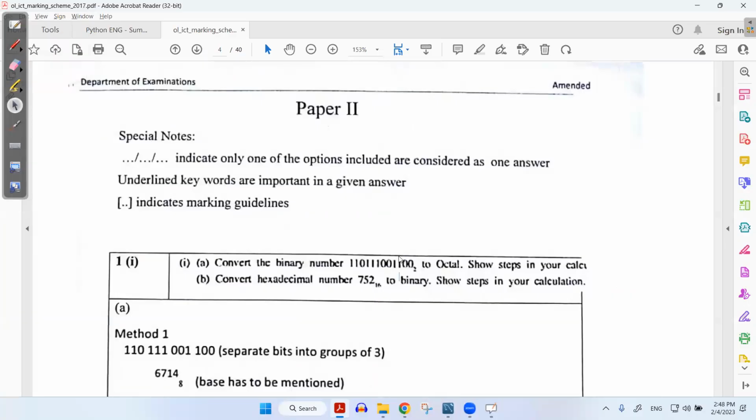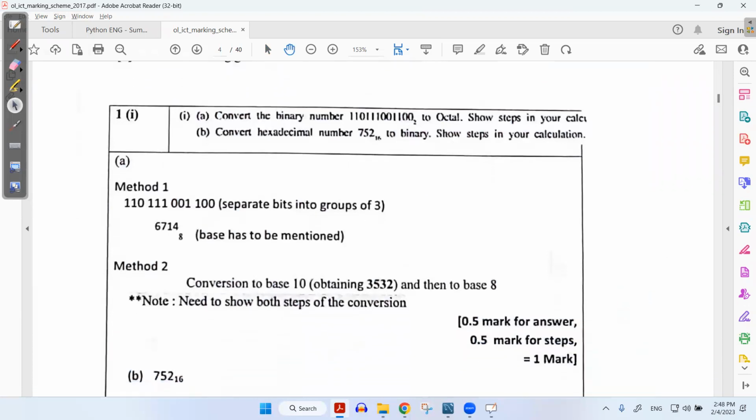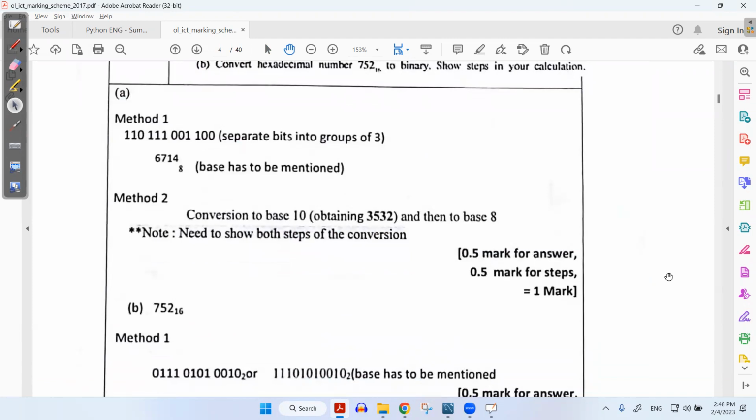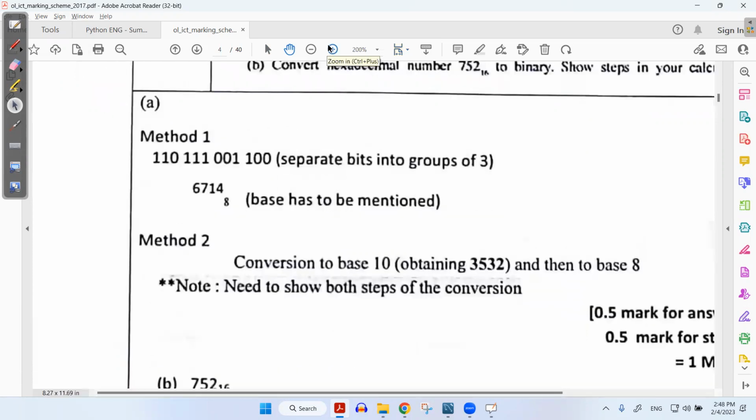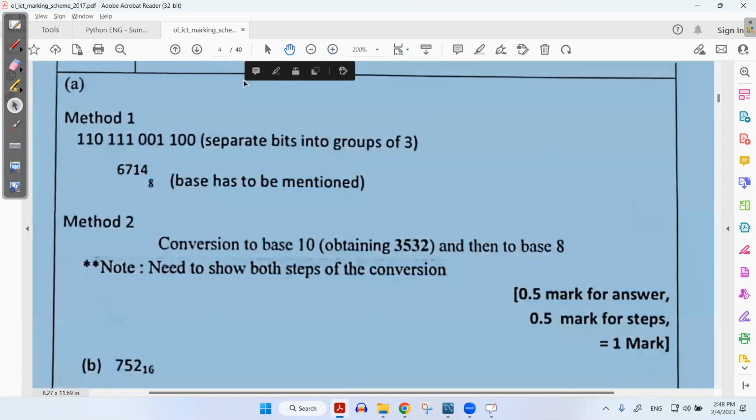So when it comes to the marking scheme, it shows you this particular calculation. If you have the correct answer, they ask you to give 1 mark, right? As it shows, look at this. They said there are 2 methods that they are introducing. Either method is going to give you 0.5 marks for the answer and 0.5 for the steps, right?